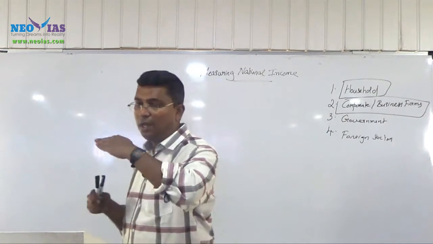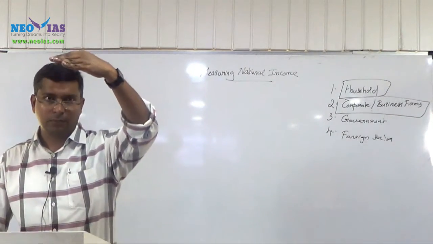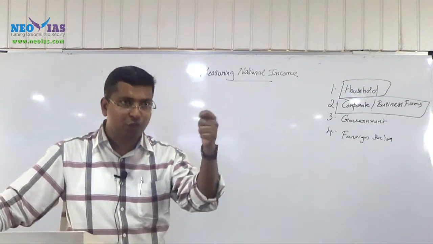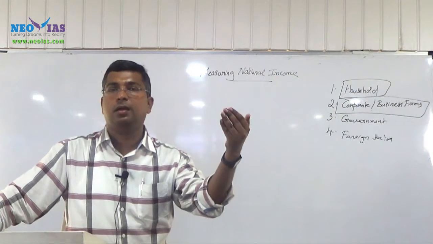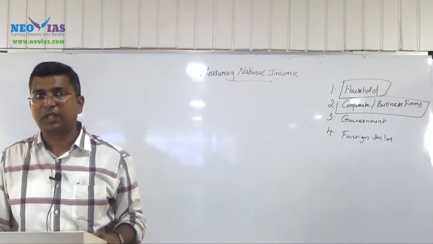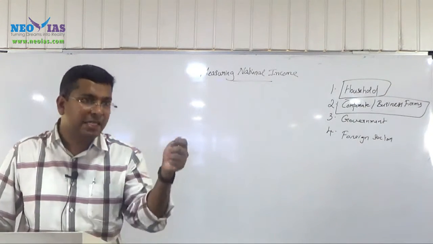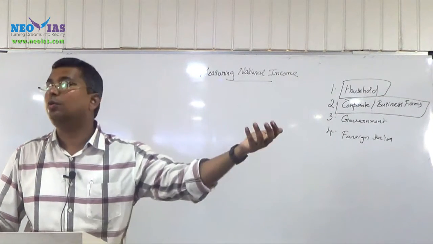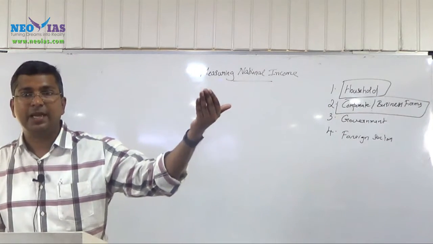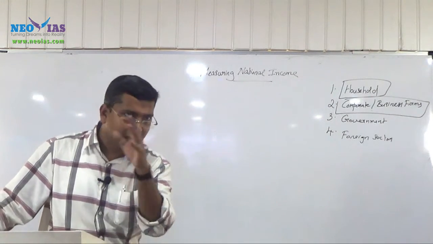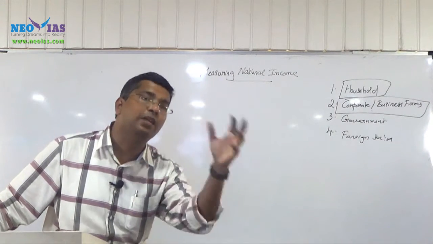If you take the top side of that household and business sector, that is the supply side. Household gives supply to the business. For example, land, labor, capital, entrepreneur is given by household to whom? To the business firm. In return, for labor, the business firm will give wage.